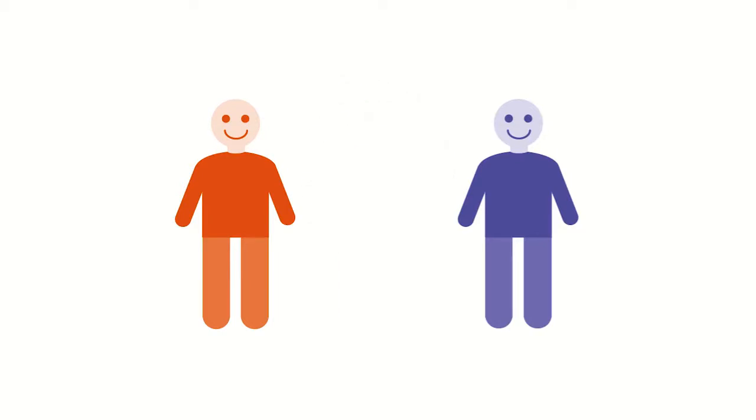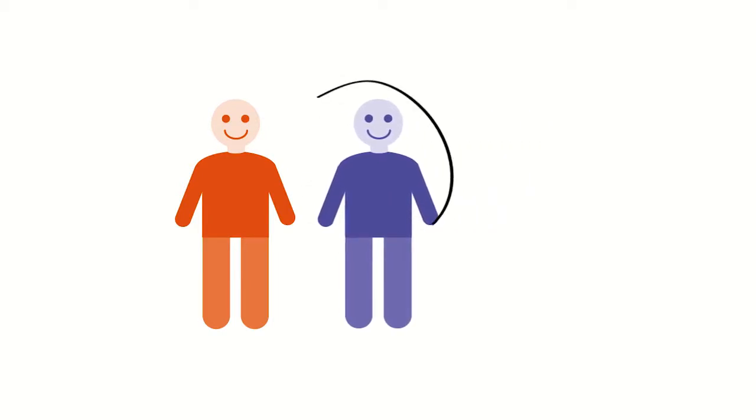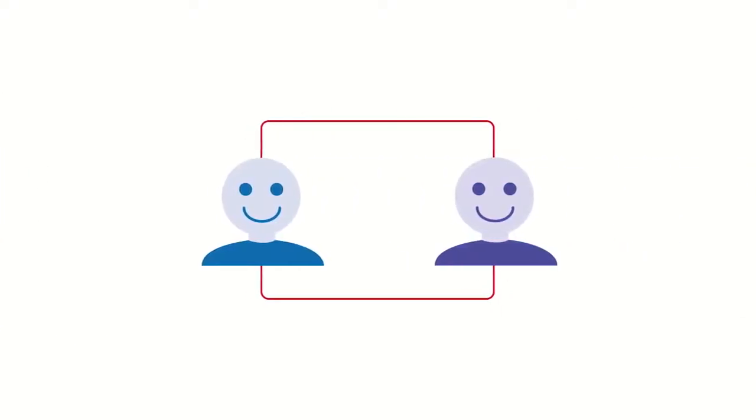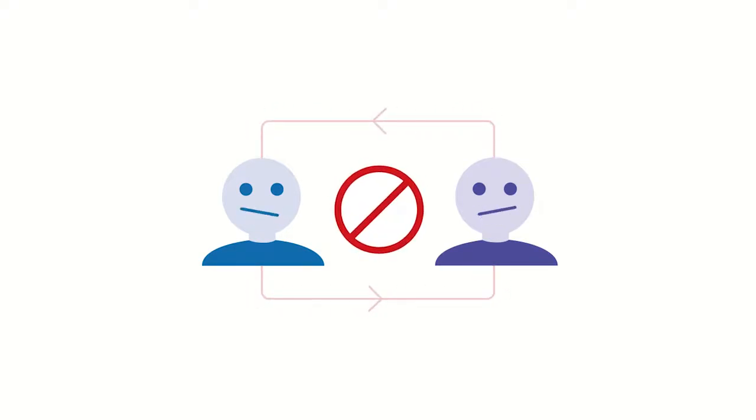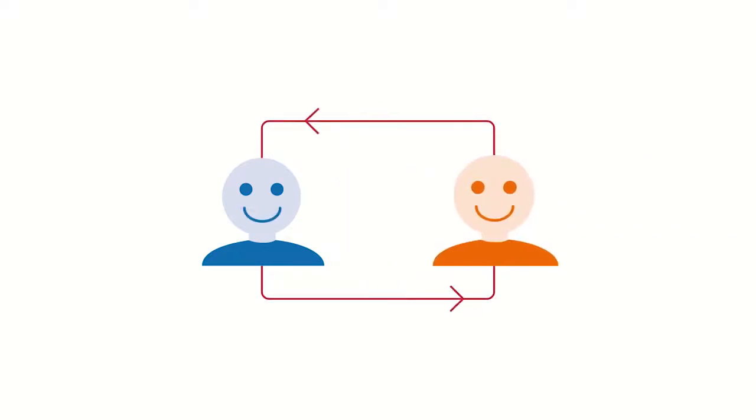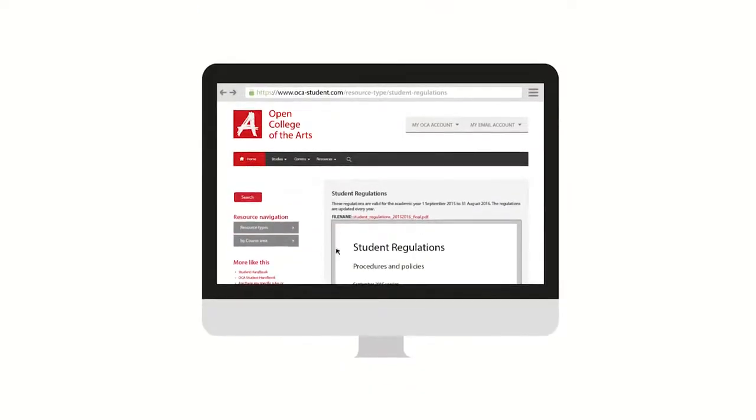In these circumstances, the OCA will suggest suitable alternatives. It's a shared responsibility between you and your tutor to make this key relationship work effectively. However, if problems arise which cannot be resolved informally and amicably, you may request a tutor transfer. The details of this procedure are set out in the Tutor Transfer Policy in the Student Regulations, Document G.